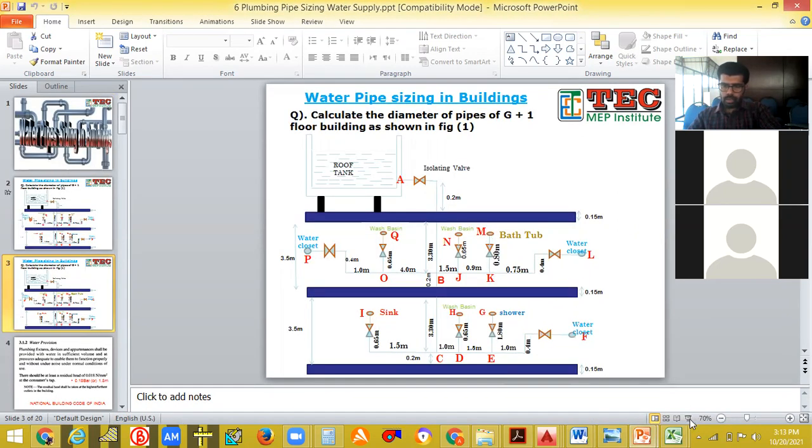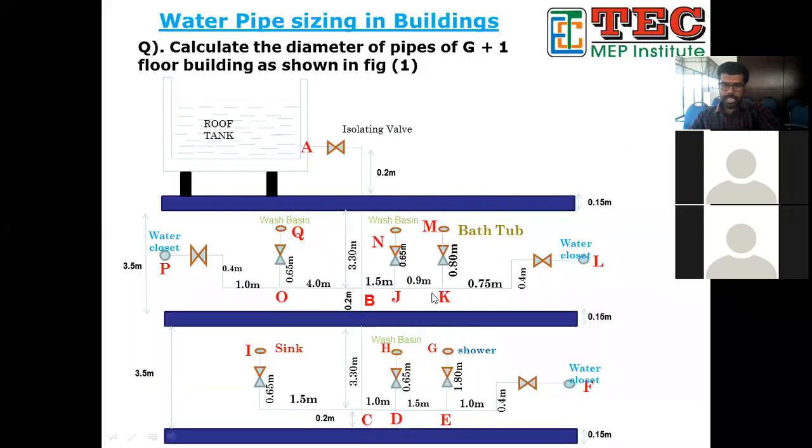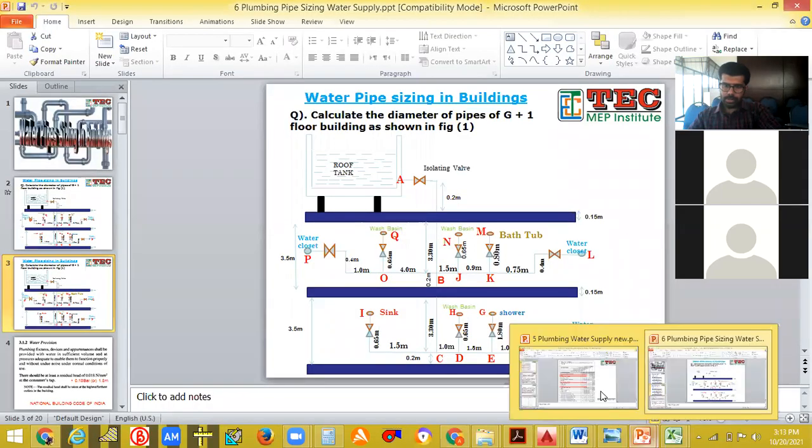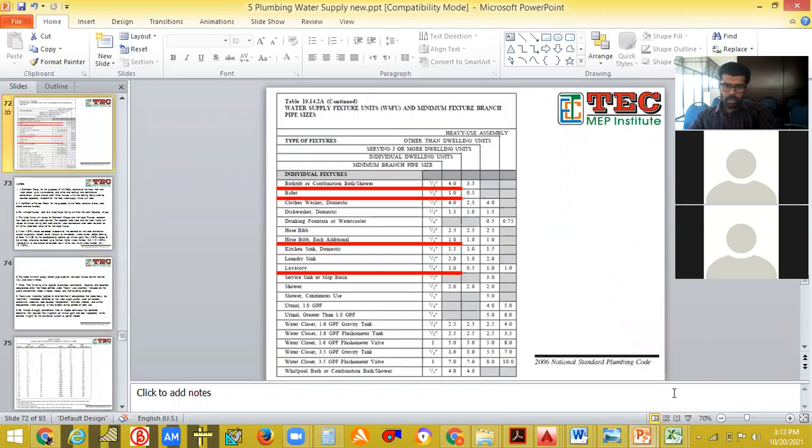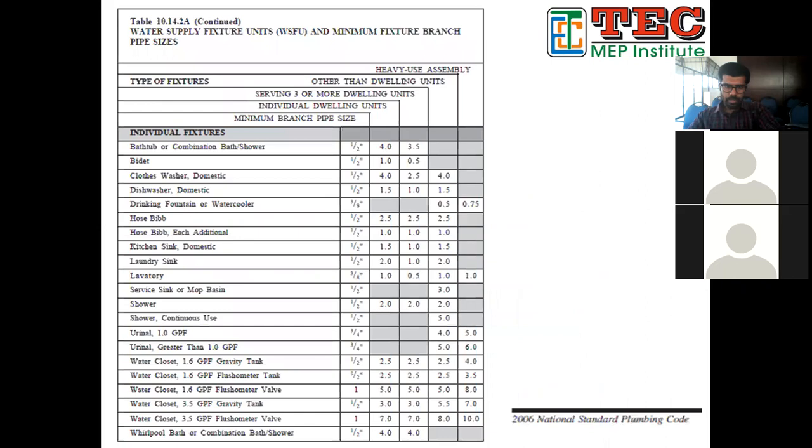So what will be the pipe size of JK? The pipe size of JK will be the fixture unit of bathtub plus the fixture unit of water closet. The fixture unit of water closet is 2.5 and the fixture unit of bathtub is 4. So 4 plus 2.5 is 6.5.